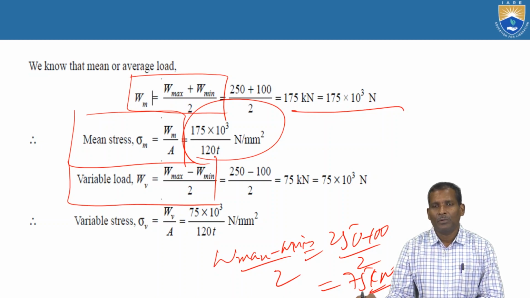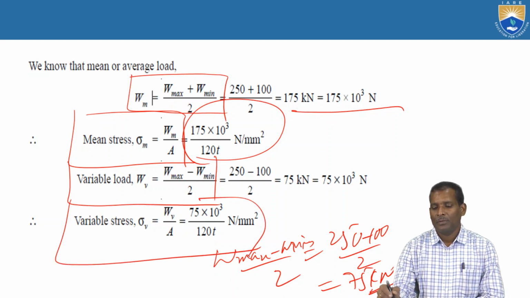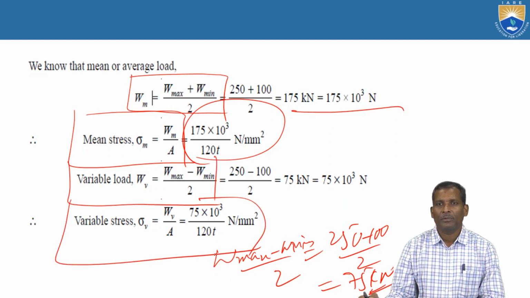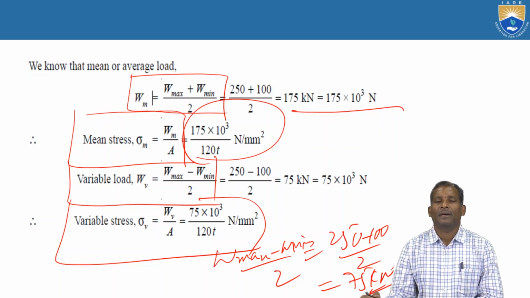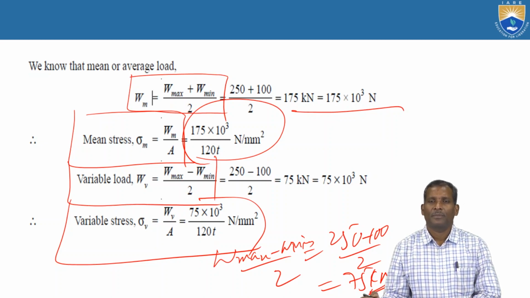Now calculate variable stress. Variable stress sigma V is equal to W V by area, so variable load upon area. Now you have calculated mean stress, variable load and variable stress.